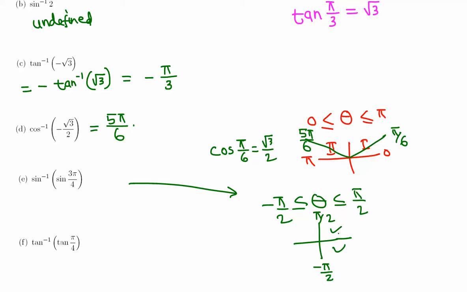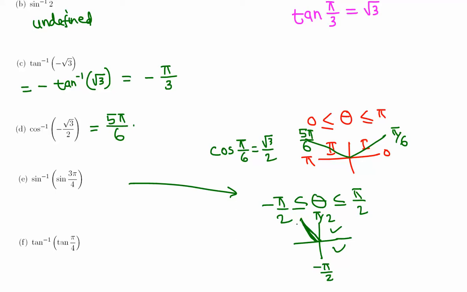If sine has a positive value, that's the first quadrant; a negative value, the fourth quadrant. 3 pi over 4 is in the second quadrant, and sine of 3 pi over 4 has a positive value. So our final answer should be in the first quadrant.